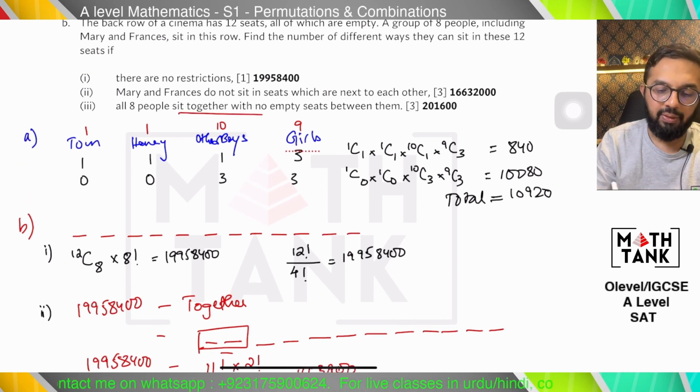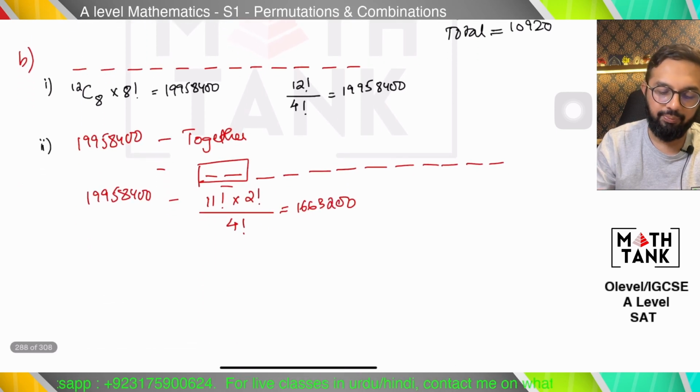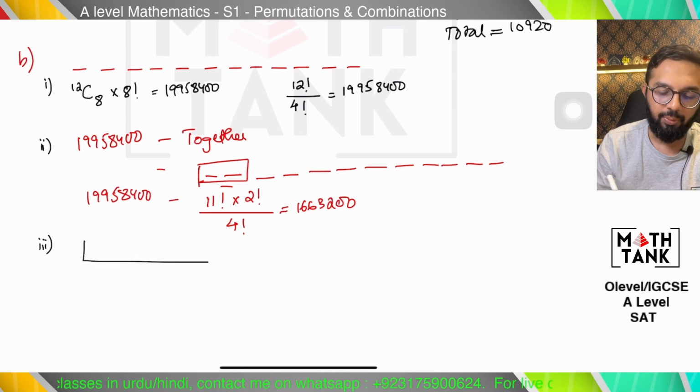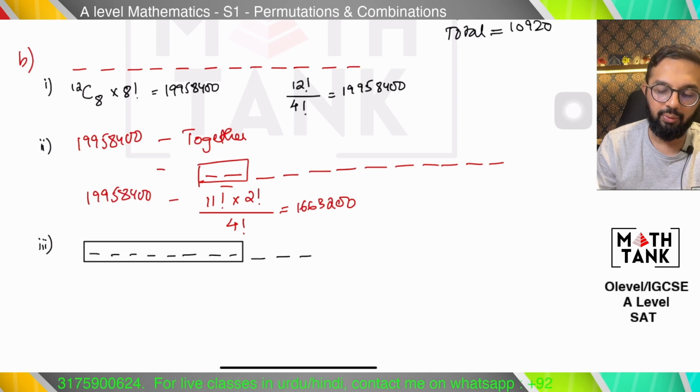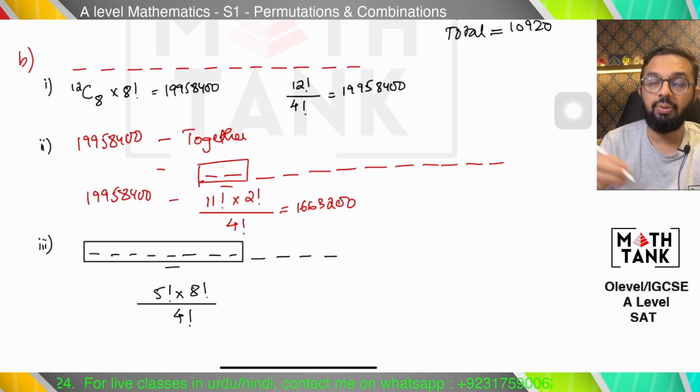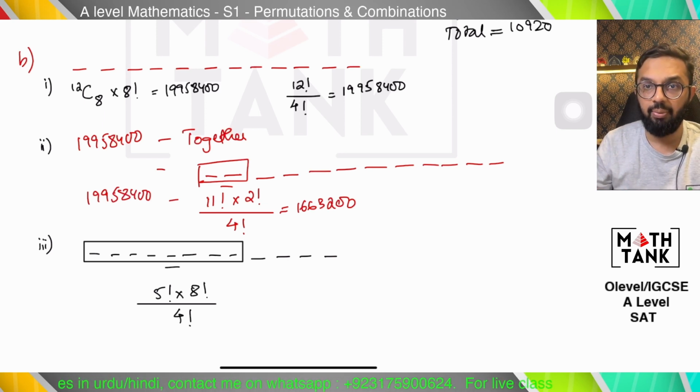Then it says all 8 people sit together with no empty seats in between. So when they want to sit together, what you simply do is put them in a box. 1, 2, 3, 4, 5, 6, 7, and 8, then 1, 2, 3, 4. The box acts as a dash. So 5 factorial multiplied by 8 factorial, divided by 4 factorial because I'm still shuffling around those empty seats that were there.